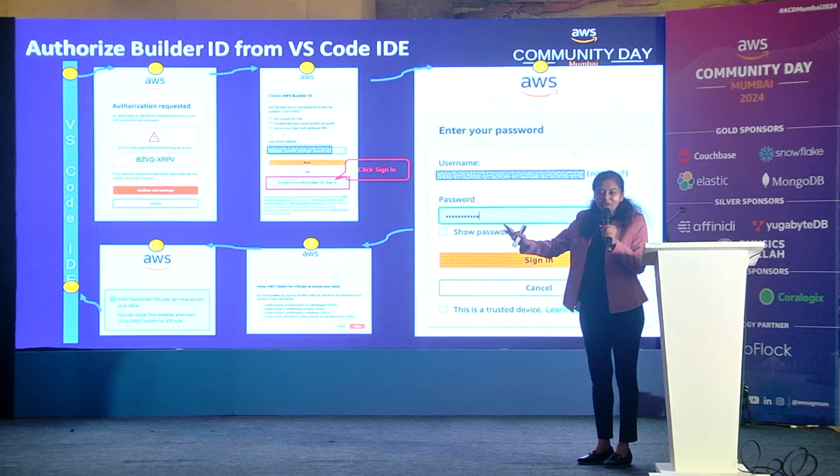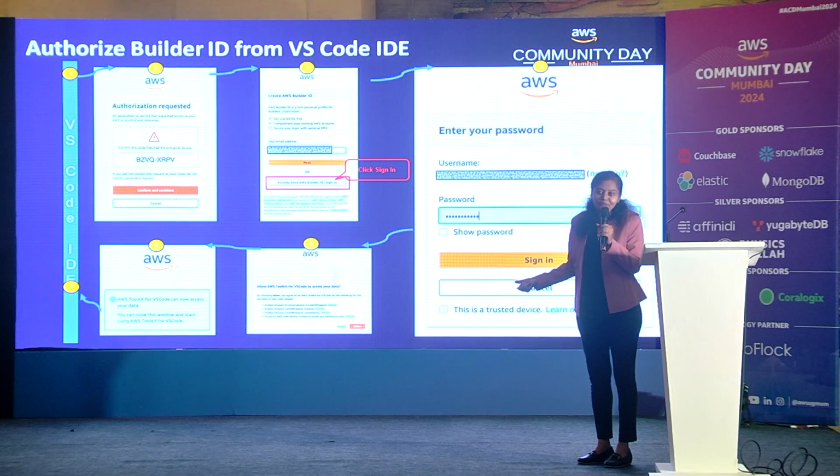Now you don't have to worry if the developer is not writing any documentation or giving an explanation. When Amazon Q is enabled and authenticated against the builder ID from your VS Code, all you can do is select that code, right click, go to Amazon Q and then say explain the code. That's it. You don't have to wait for the peer who has no time to explain or document.